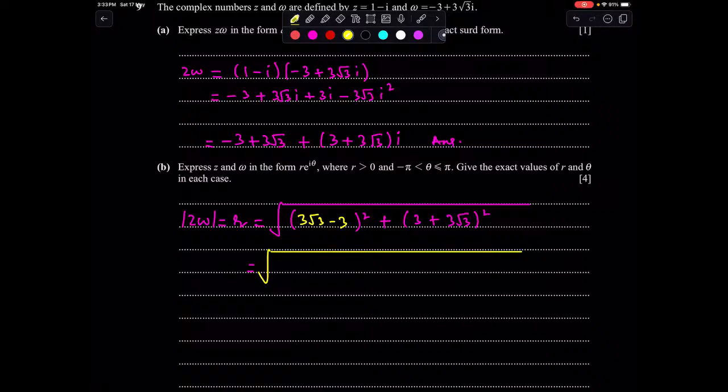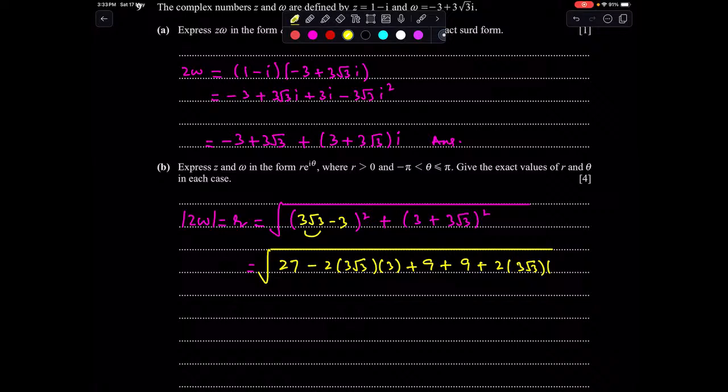You all can manage this calculation. When you square this, you will get 9 times 3, 27. Then 2ab plus 9, and 27.